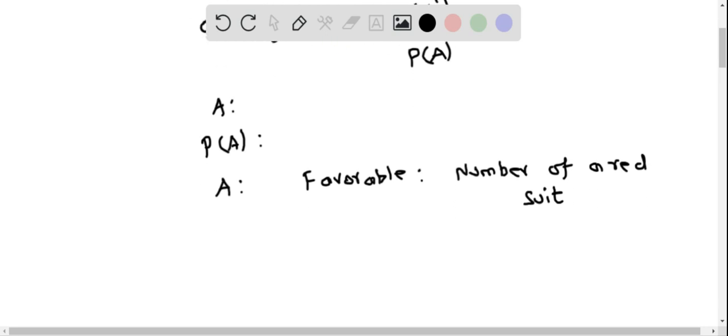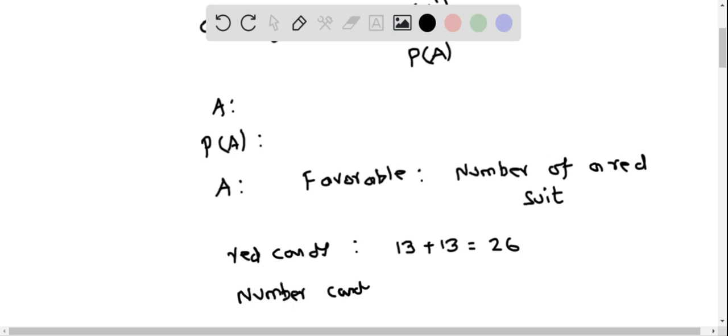Okay, so first let's determine the total number of red cards. The total number of red cards in a 52 card deck is 13 plus 13, and this equals 26 red cards. And out of this, we have to calculate the number cards of the red suit.